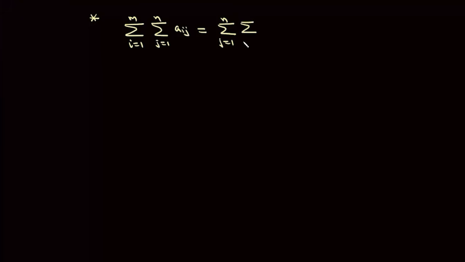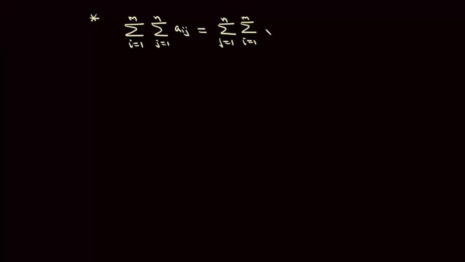So if we have the summation i varies from 1 to m, summation j varies from 1 to n of aij, it'll be the same as the summation j varies from 1 to n, summation i varies from 1 to m of aij, because we are talking about the same lattice points. So either we add them row wise first or column wise first, it doesn't make a difference. The end result will be you are adding all the points on the rectangular grid, only the route changes.